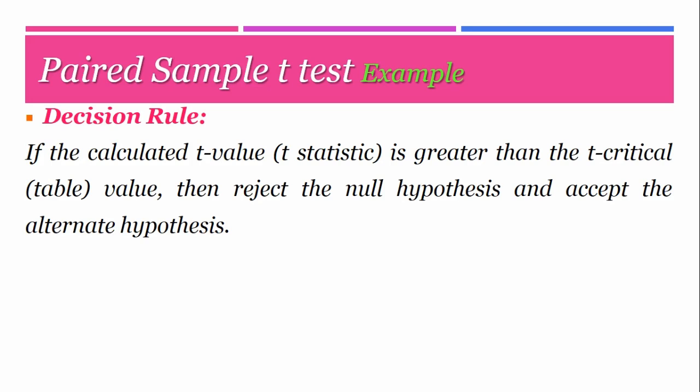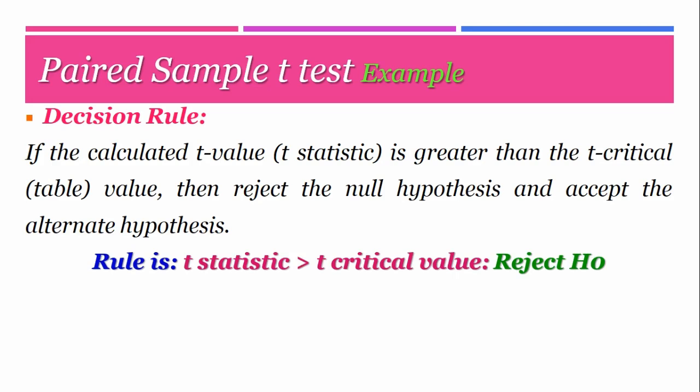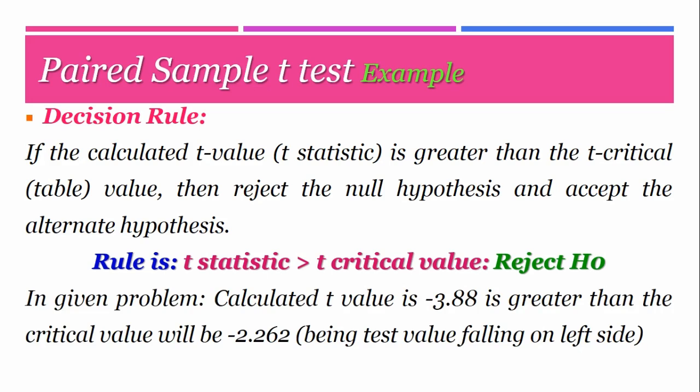In the given problem, the calculated t statistic is minus 3.89, which is greater in magnitude than the critical value minus 2.262. Hence, we reject the null hypothesis, and we can conclude that the mean difference in blood sugar level before and after treatment is less than 0. It means the drug has effectively reduced the blood sugar level after the treatment.